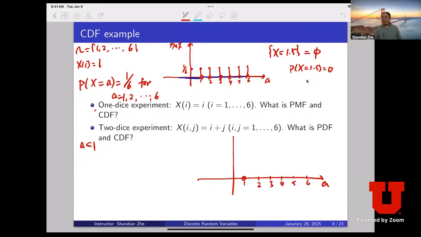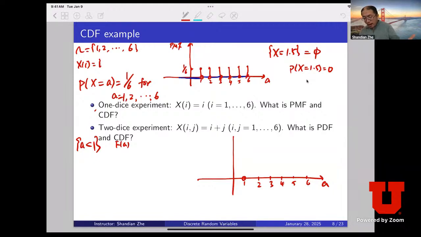So for A less than 1, if you want to know the CDF value, namely big F of A, we need to know what this event represents, right? What event represents A less than 1? Any thought? No, it's just empty, right? Because we just look at the sample space.